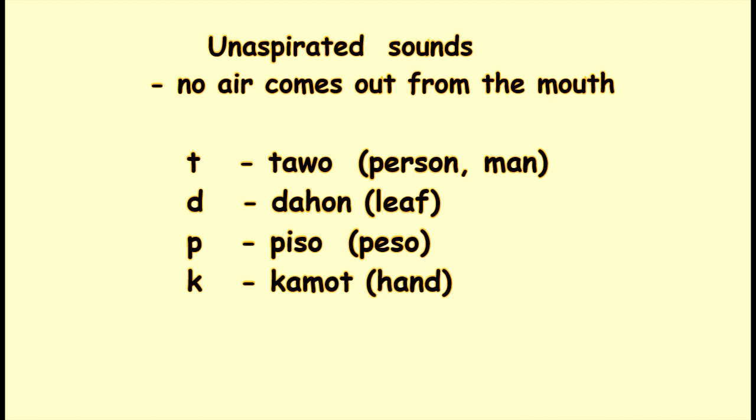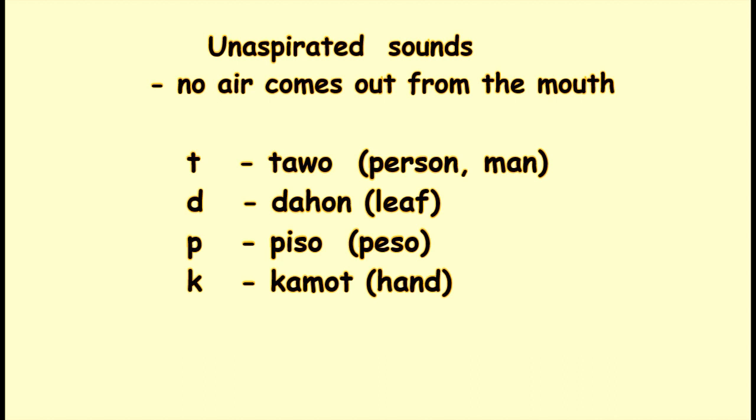So remember, the T, D, P, K in Bisaya are not aspirated. So no air comes out from the mouth when you say these letters or this sound. Like tao, no air comes out.